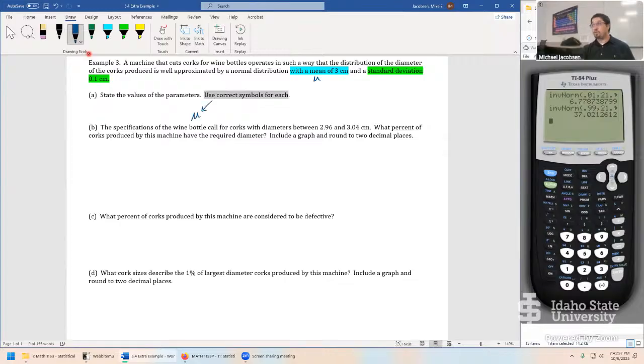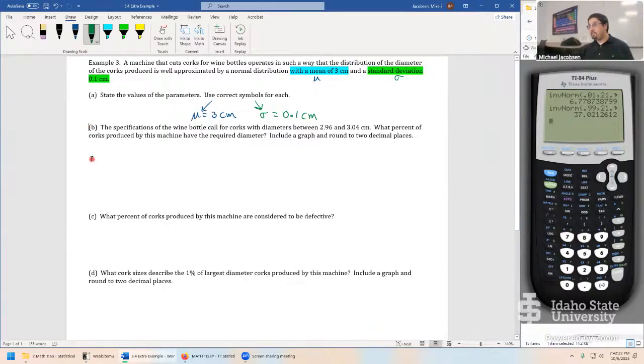The value of mu is 3 centimeters. When it says standard deviation, because we're modeling a population, we'll use the parameter symbol sigma. So the correct symbols: mu is 3 centimeters, sigma is 0.01 centimeters. So that's how we're going to model these corks for the wine bottles.